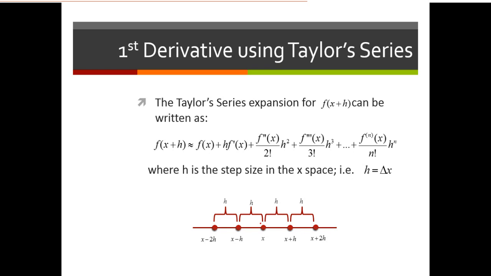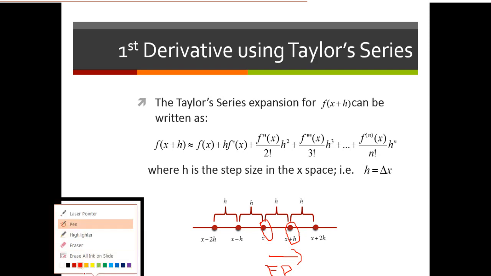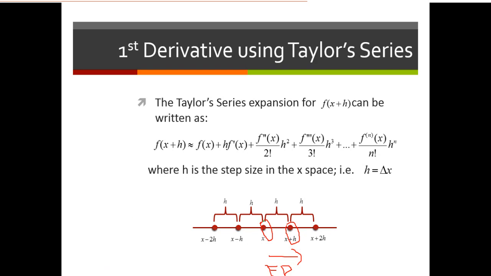Either you use x with the x plus h point for the forward formula, which is forward difference, or you use the x point with another interval at the back of x, which is the x minus h interval. This is where we say that we are doing the differentiation using the backward difference formula.